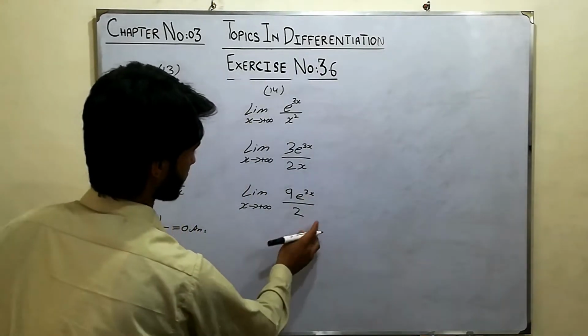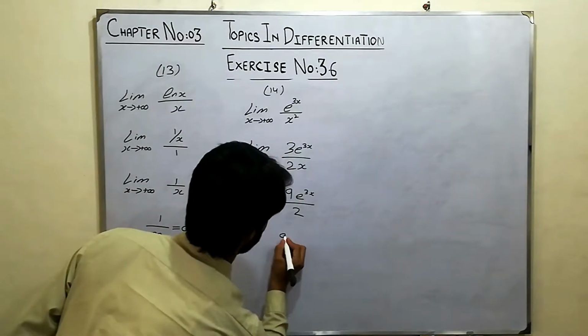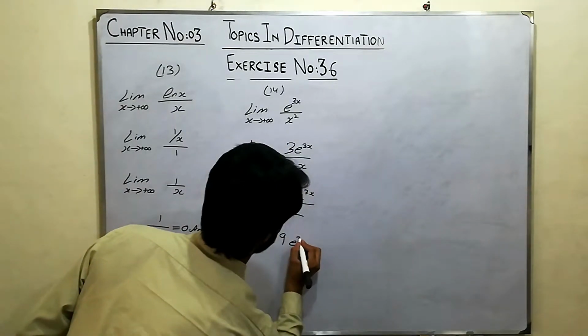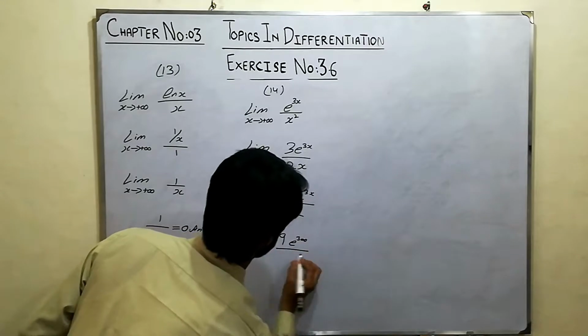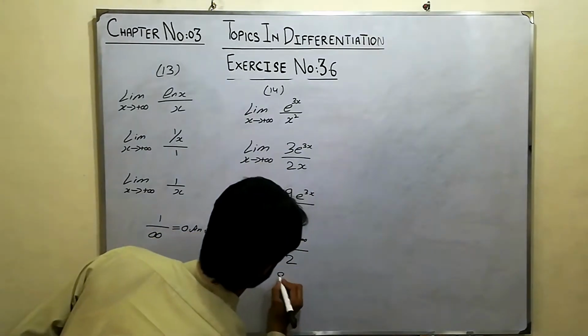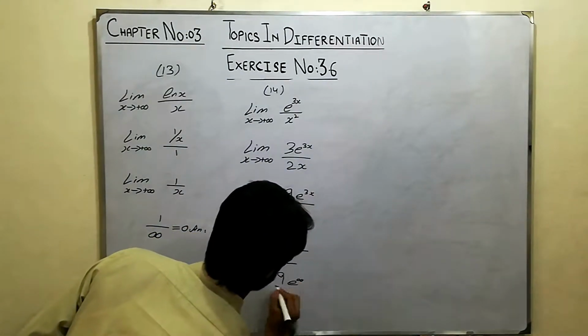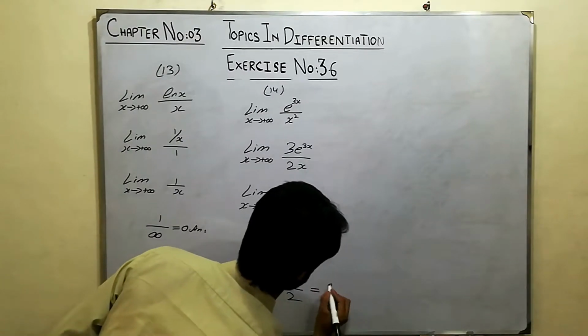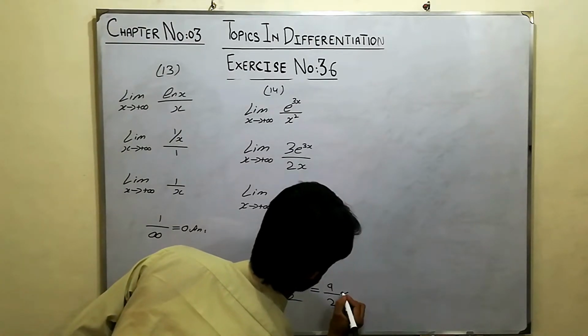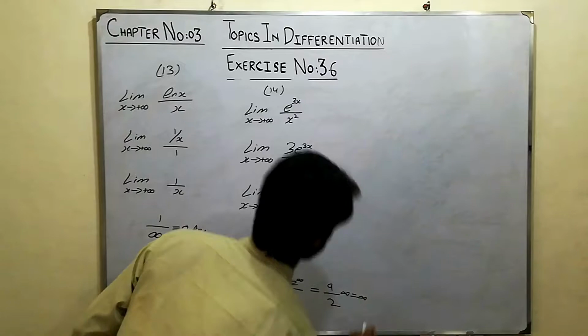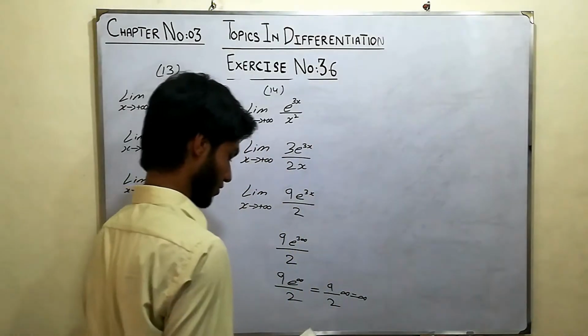Now if we put the limit, we have 9e^(3 infinity) divided by 2. 9 times infinity divided by 2 is equal to infinity. So infinity is our answer to question number 14.